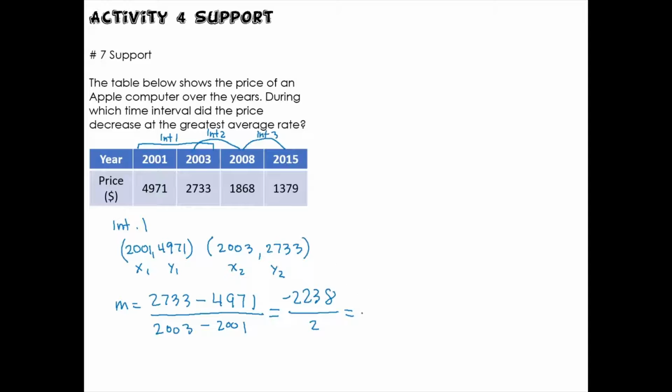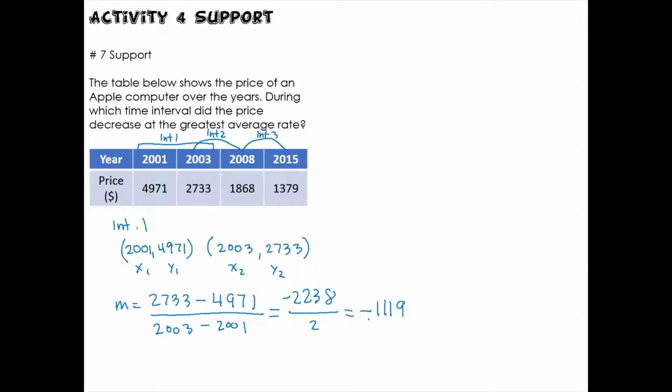And we're going to get negative 1,119. So this negative means it decreased by 1,119 per year, okay? So the good thing about slopes is that even though we have different time increments, we can actually still compare them this way.